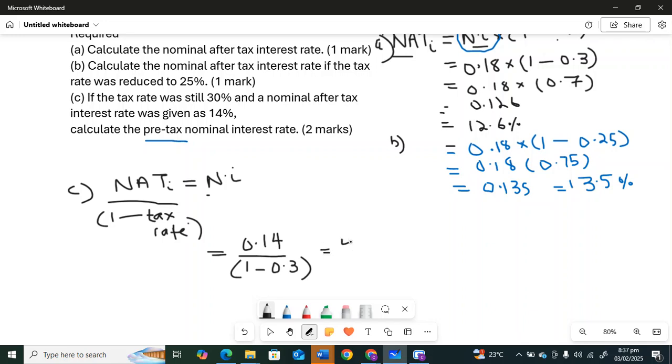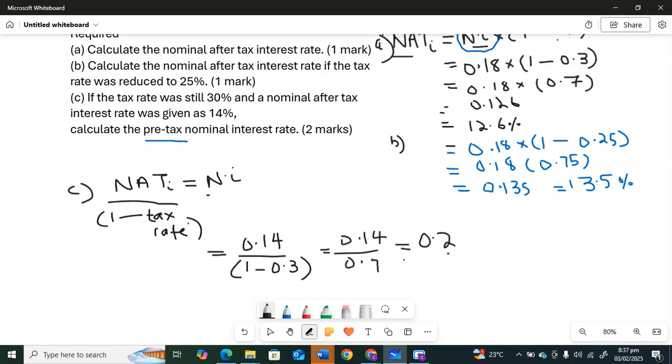So we get 0.14. 1 minus 0.3, that is 0.7. So 0.14 divided by 0.7, we get 0.2.